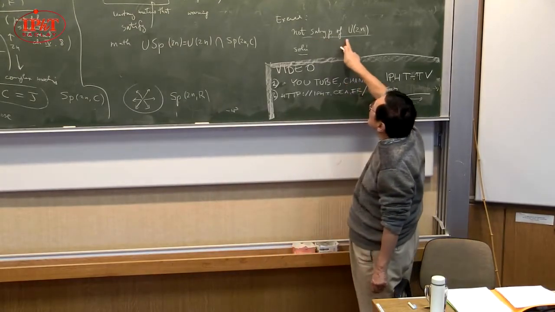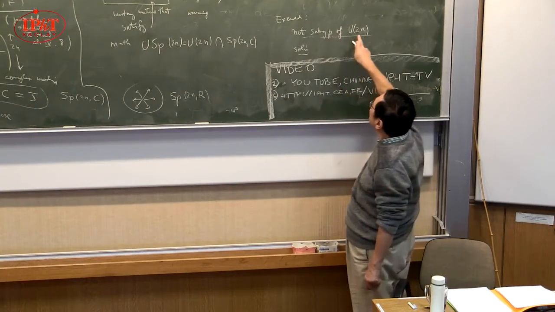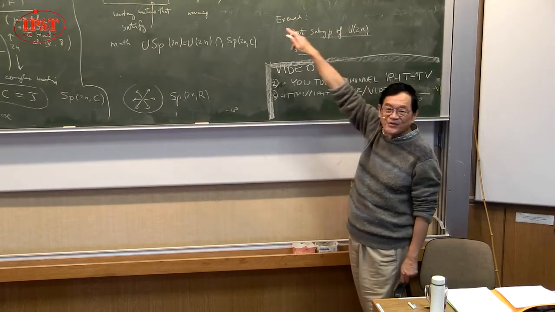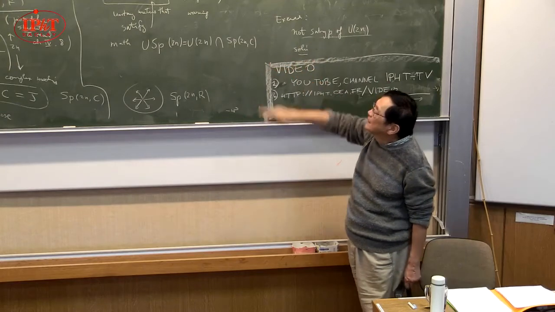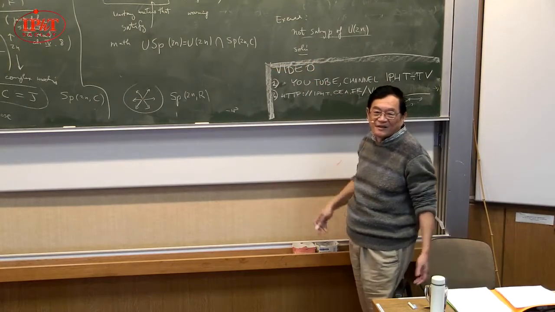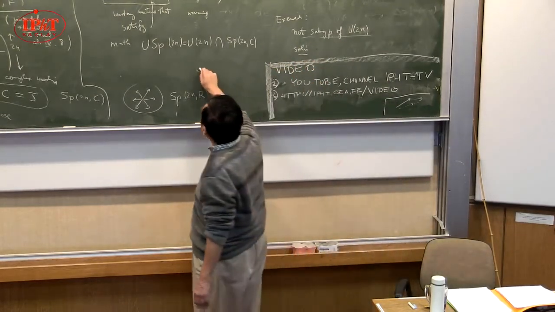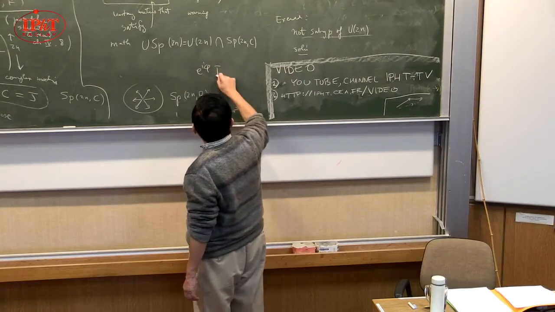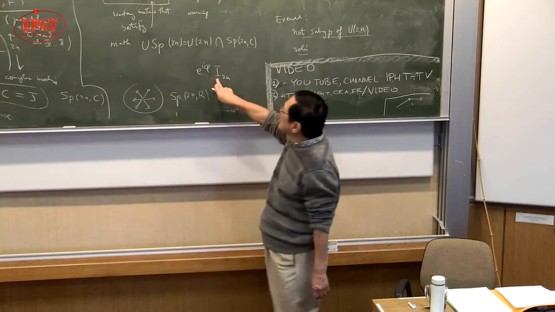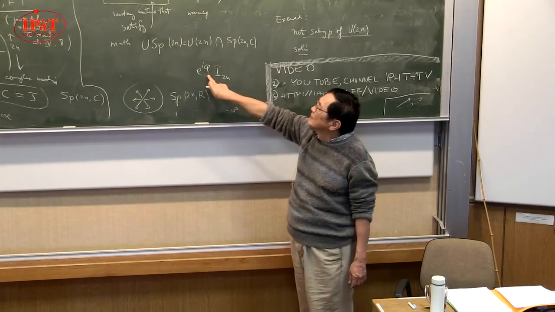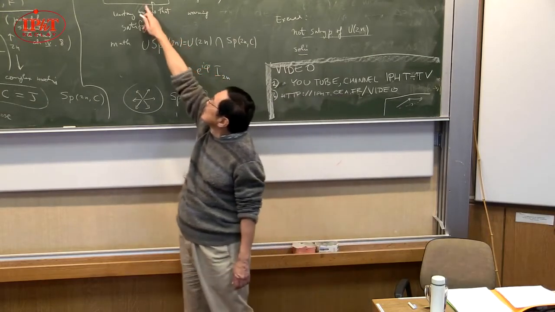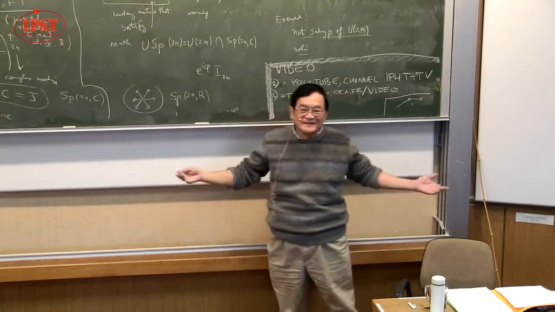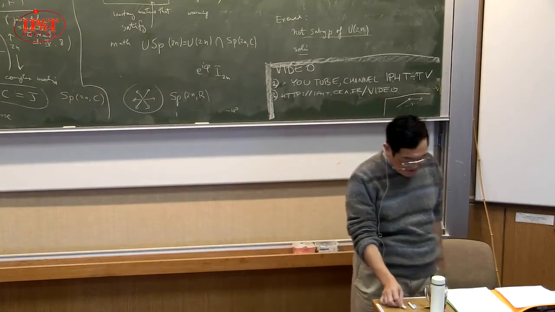To show that it's not a subgroup, all you have to do is find an element of U(2N) which is not in USp(2N). That's all. So it's e to the i phi times the 2N by 2N identity matrix, just identity. Well, you can see it does not satisfy this. Is that clear?